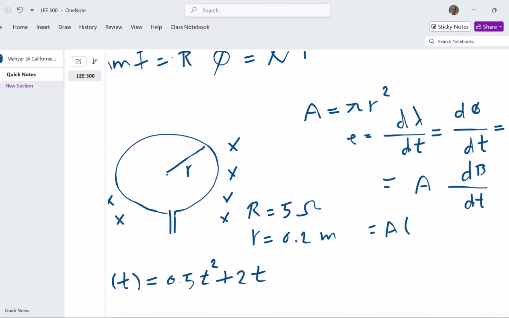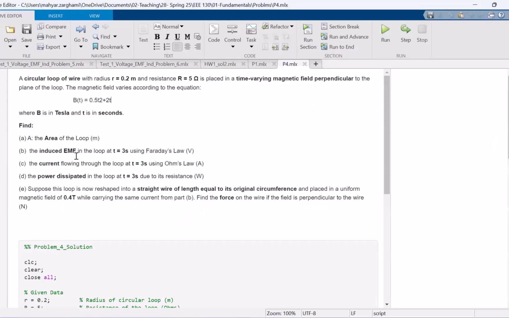That's 2t plus 2, right? So it really depends at what time. So E is a function of time. E of t would be 2t plus 2 times A. And you can find the induced voltage based on that.